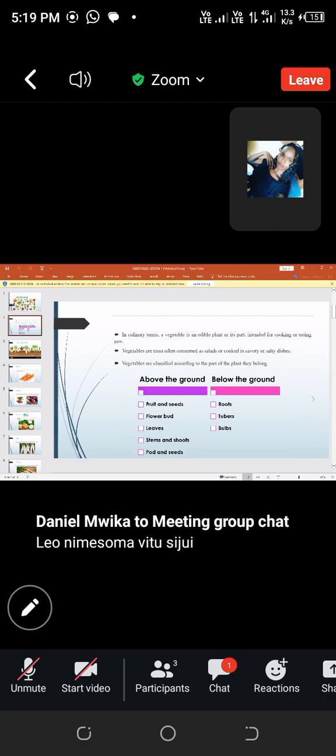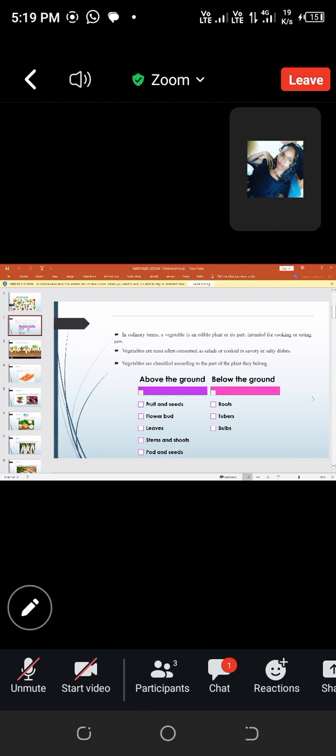Above the ground, we have the fruits and seeds, flower bud, leaves, stems and shoots, and podded seeds. Thank you, Caroline. Daniel, take us through the below the ground. Below the ground, we have three of them which are roots, tubers, and bulbs.